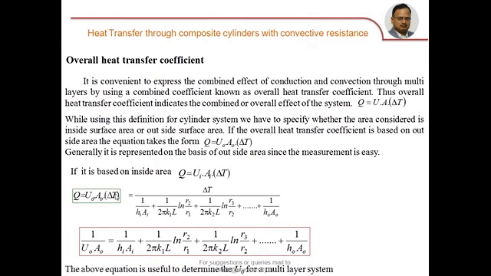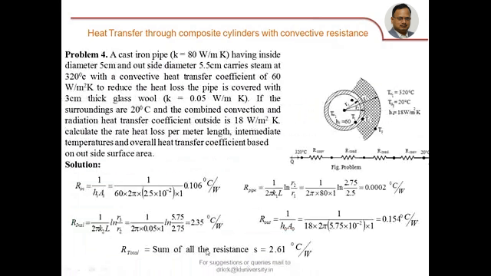So if you compare, delta T gets cancelled, and 1 by U naught A naught is equal to 1 by hi Ai plus 1 by 2 pi K1 L log R2 by R1 plus 1 by 2 pi K2 L log R3 by R2 plus etc. up to 1 by h naught A naught. So this equation is very much useful to determine the overall heat transfer coefficient in a multi-layered system.